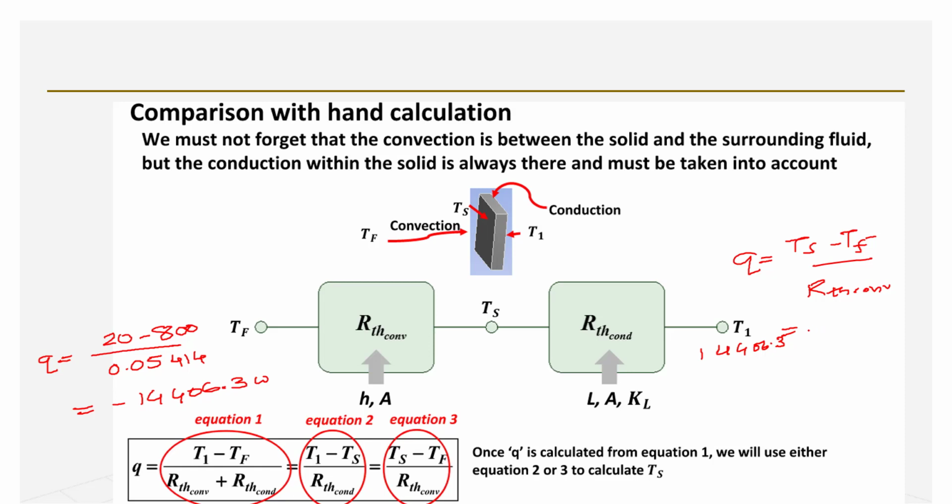TS is equal to, I don't know, minus the temperature of the fluid, 800, divided by the convection resistance 0.0333, right? Just remember we have to put the minus sign here. If you put this and equate, we get 319.8 degrees Celsius, and that is what we also got in answers.